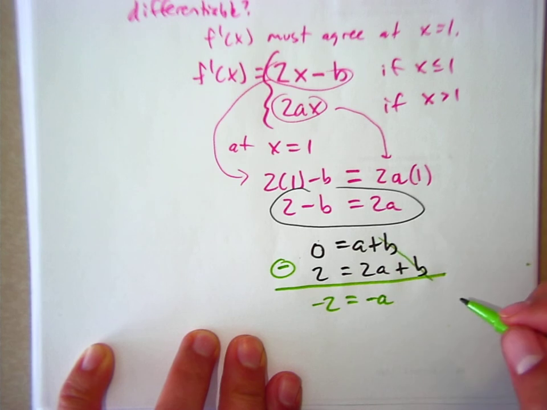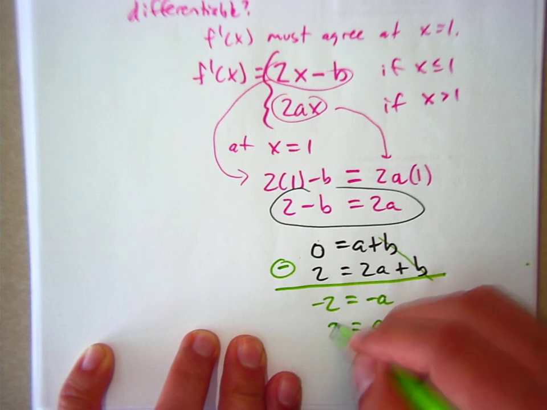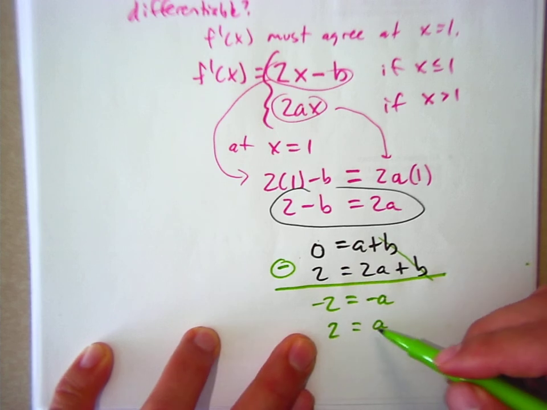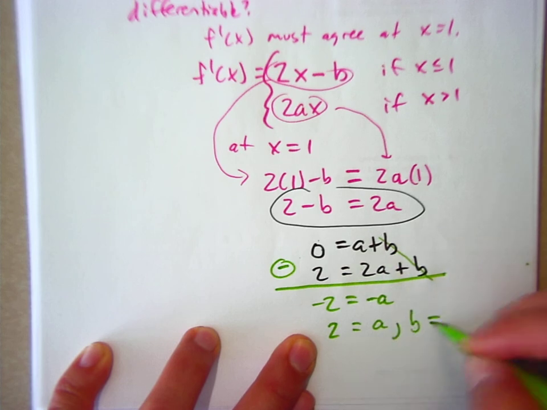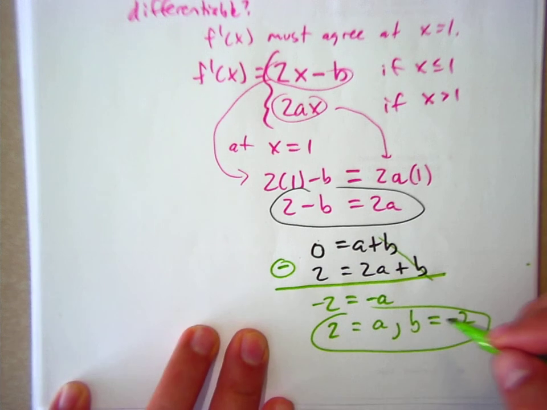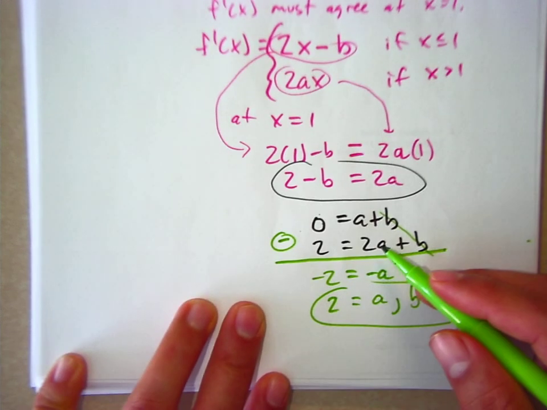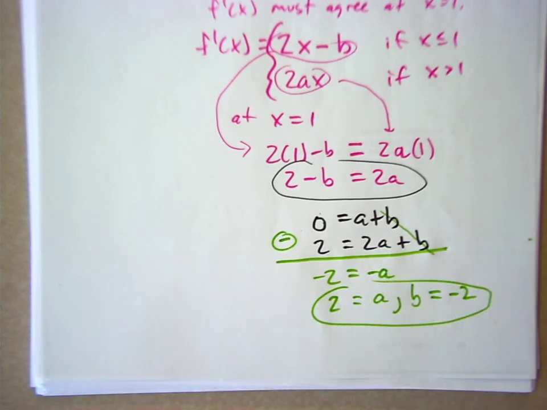That's why I was subtracting in the first place. I know that a has to be 2. Okay, and now it's pretty obvious. If a is 2 and I add b to it, b has to be negative 2 in order for this first equation to be true. Now, if you were to plug a in here, you can still do it that way. You get negative 2 as well.